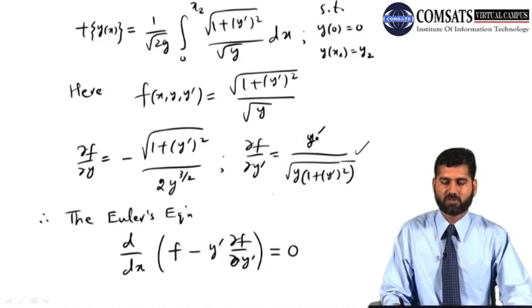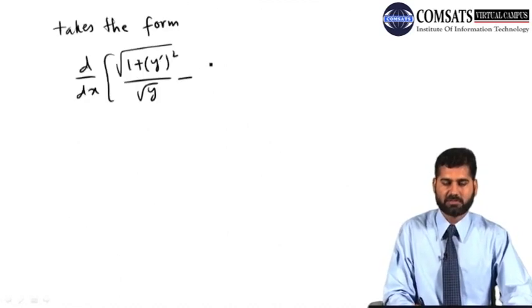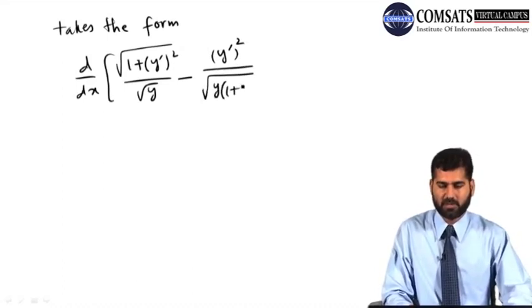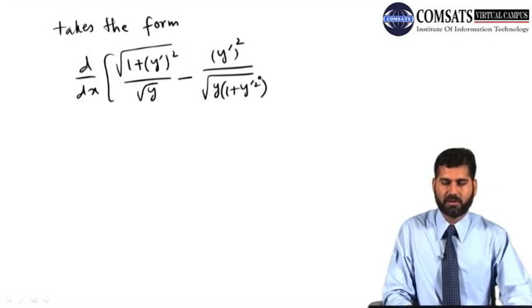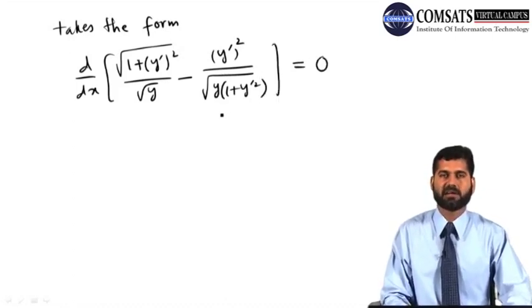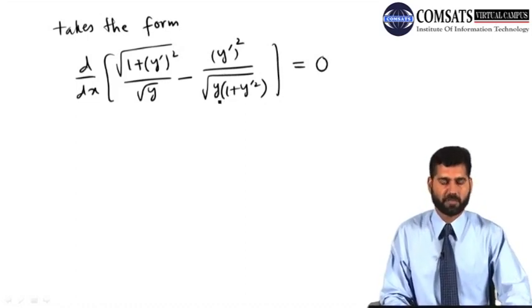So minus y prime square, this becomes y prime square over y times 1 plus y prime square is equal to 0. So this is the form that Euler Lagrange equation takes after substituting the value of f.